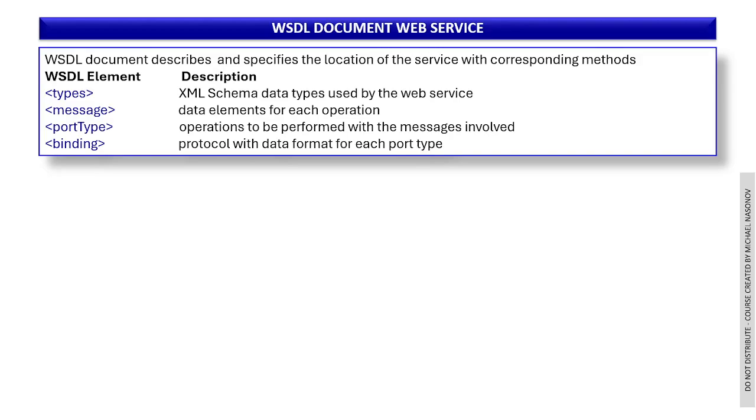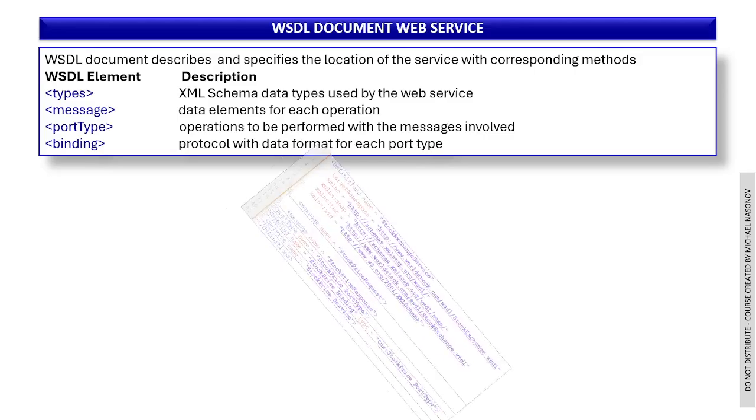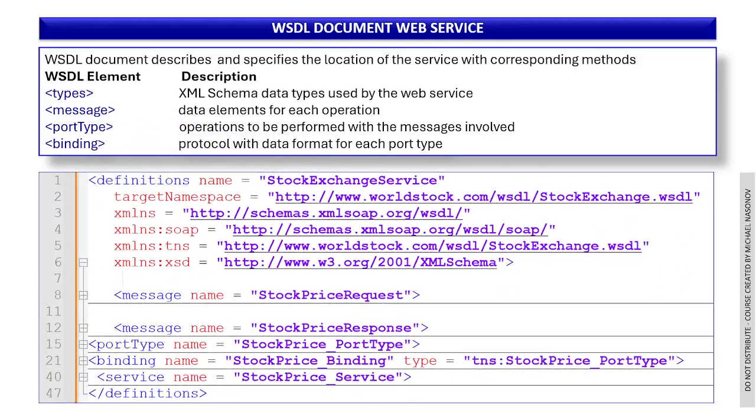Let's take a look at the basic WSDL document format. Here we have definition, target namespace, as you can see, as WSDL. It is SOAP. Once again, WSDL.